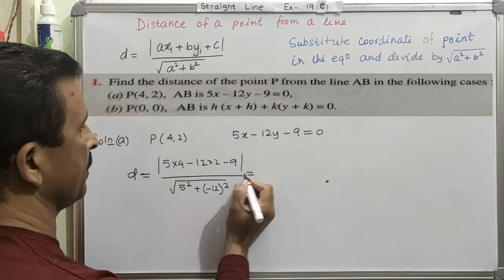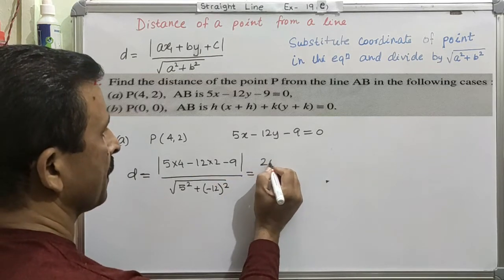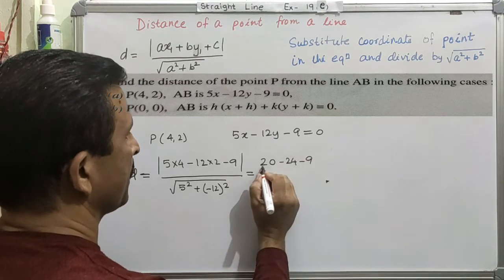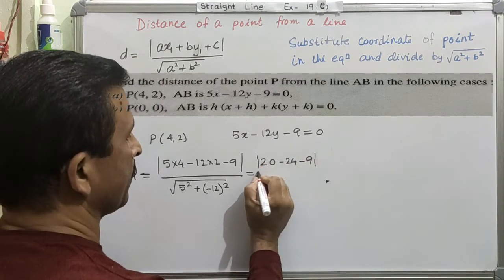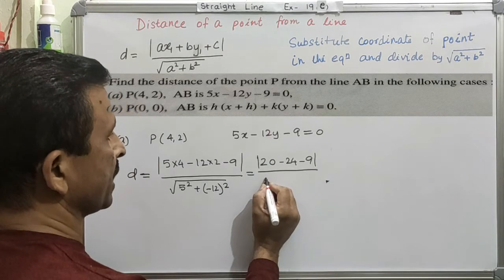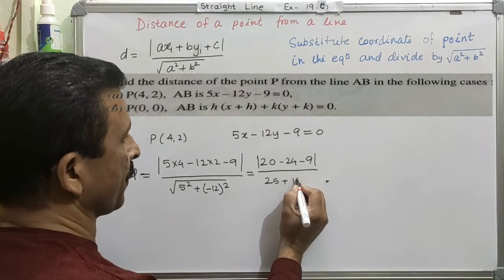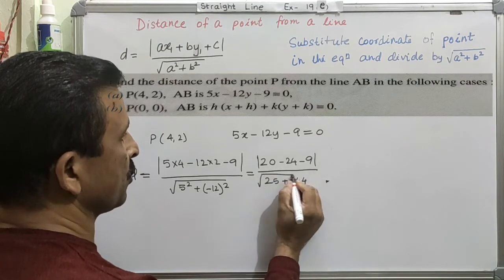So this will be 5 fours are 20, minus 24, minus 9, absolute value, divided by root over the square of 5, which is 25, and the square of minus 12, which becomes positive, 144.